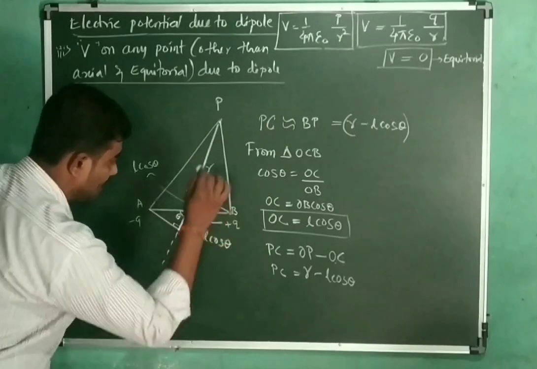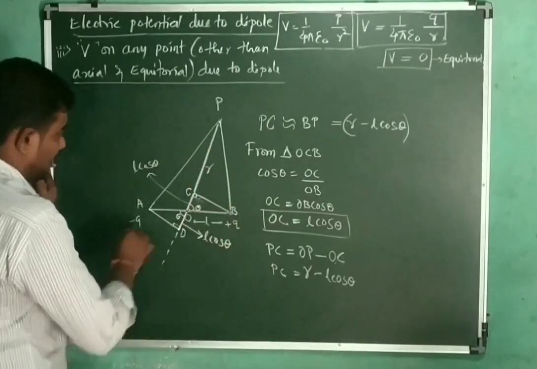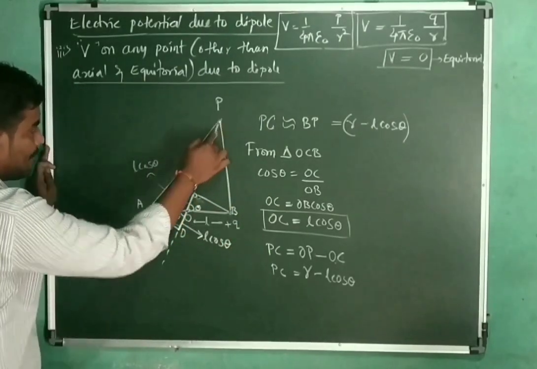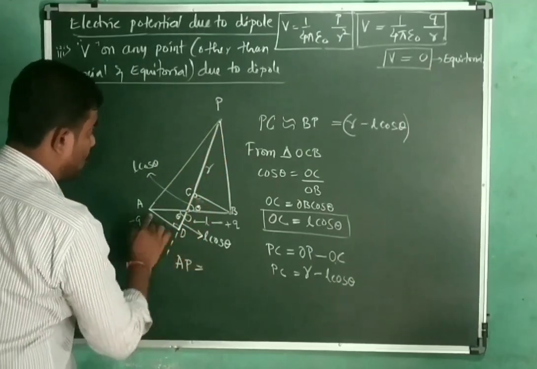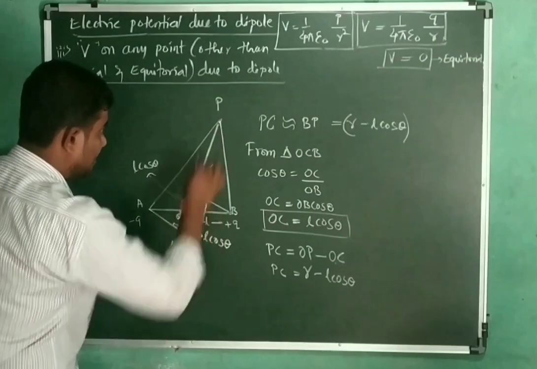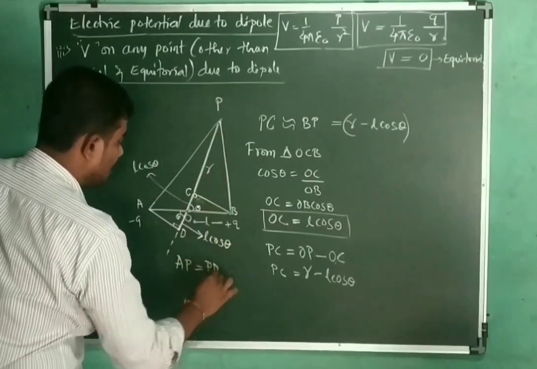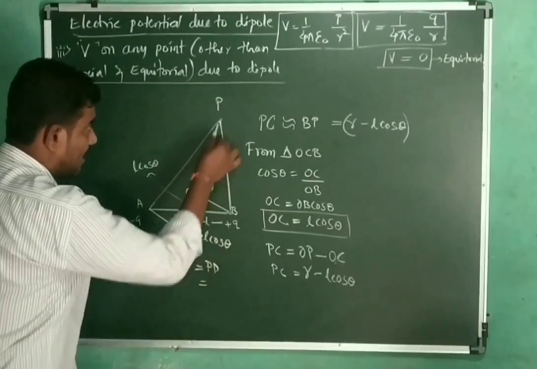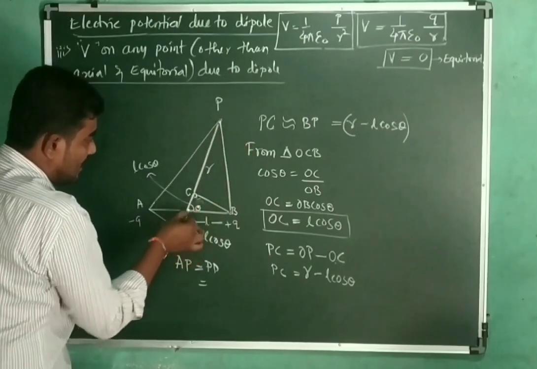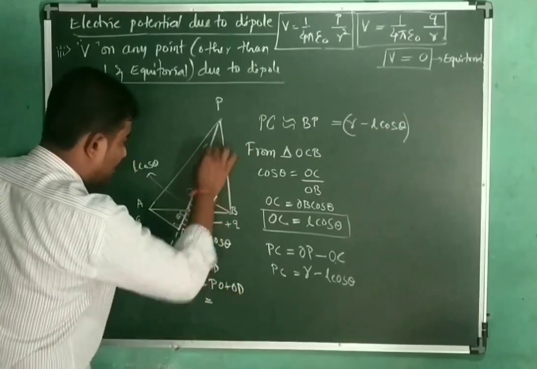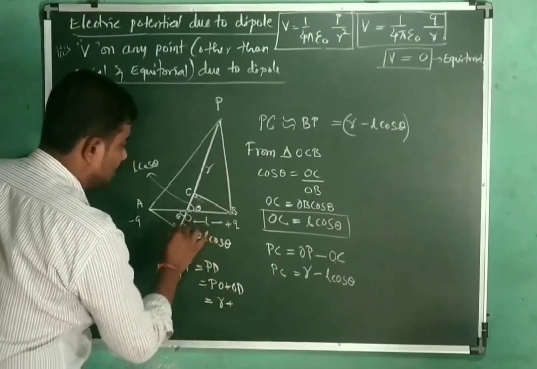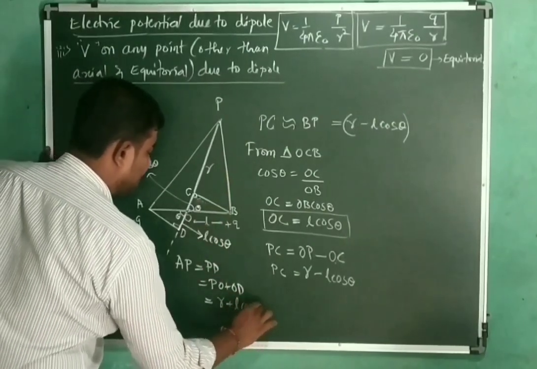AP and PD are both the same, and PD is equal to PO plus OD. PO is R, and OD is L cos theta.